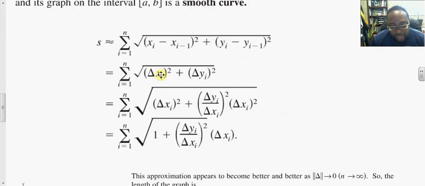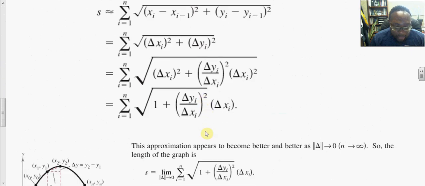We take this delta x squared and we factor it out. When we bring it out of the radical, it leaves a delta x on the outside. And then in the radical, we have 1 plus the ratio of delta y over delta x, squared.